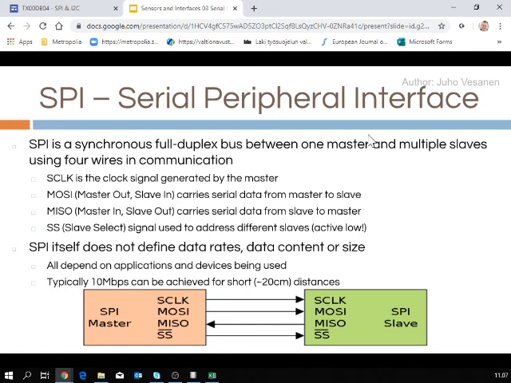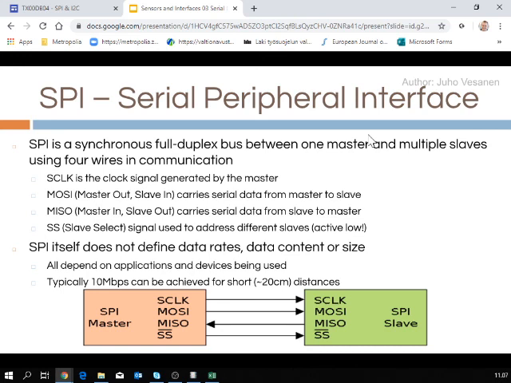SPI is also a synchronous full duplex bus. I2C is actually half duplex, meaning it uses only one data line, a bidirectional data line.